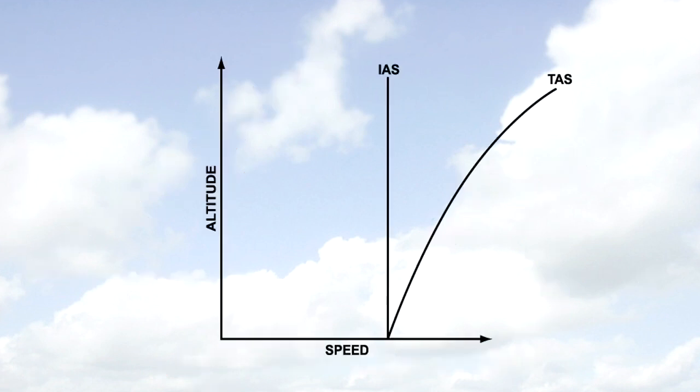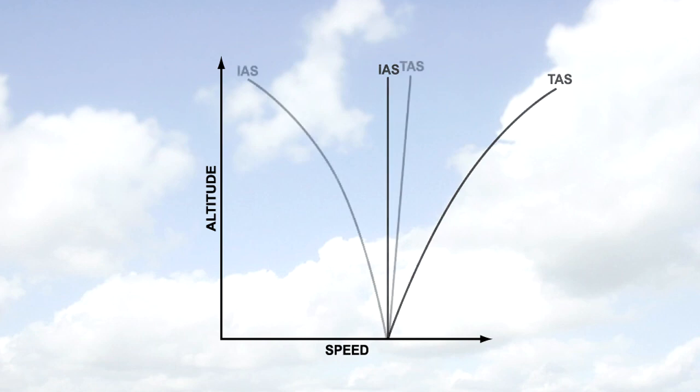Shown on screen is a graphical representation of the relationship between indicated airspeed and true airspeed with altitude. We've already stated several times that with decreasing density or increasing altitude, the true airspeed must increase in order to maintain the same indicated airspeed. This graph shows the true airspeed increasing for a constant indicated airspeed.